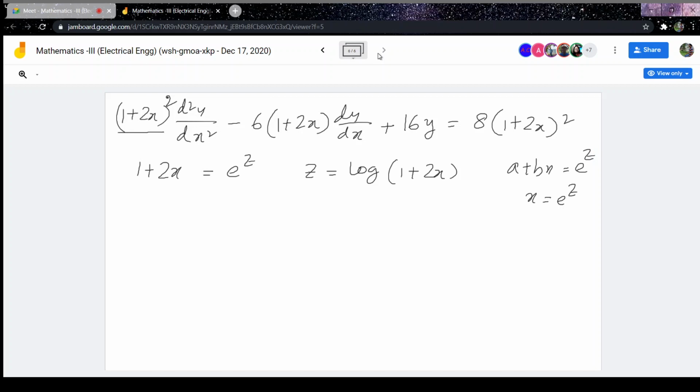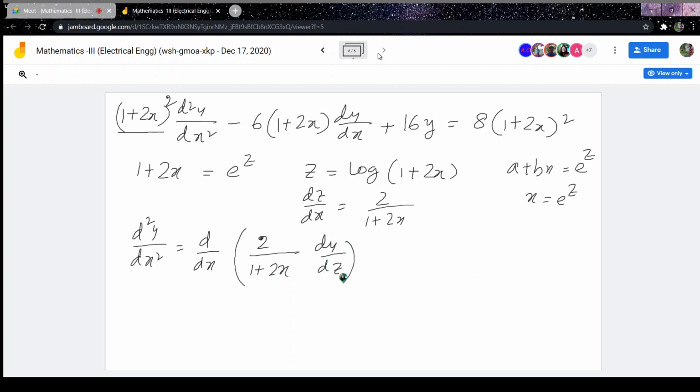Your dz dx will be 2 by 1 plus 2x. Basically, this term will be nothing but b, whatever your b dy dx. The next term d2y dx square will be d dx of this, your 2 1 plus 2x dy dz.